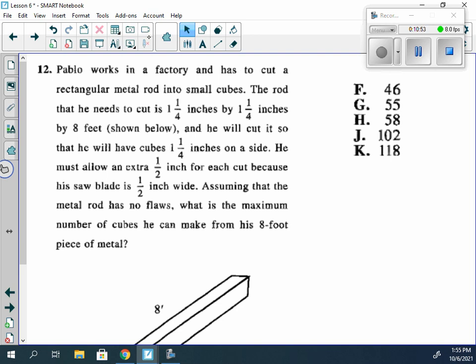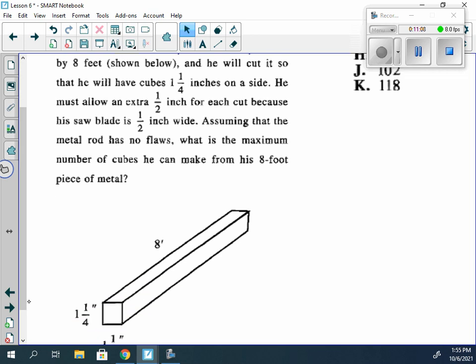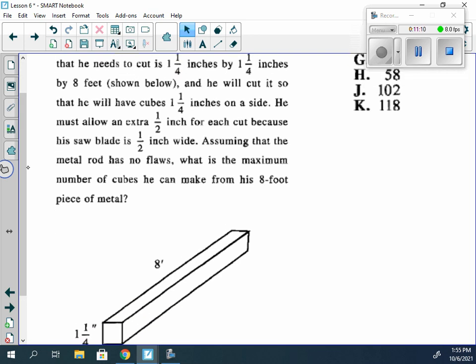Pablo works in a factory and has to cut a rectangular metal rod into small cubes. So we're cutting it apart. The rod that he needs to cut is 1/4 by 1/4 by 8 feet. They provided a picture. And he will cut it so that it will be cubes of 1 1/4 inches on each side. So that means it's 1 1/4 inch by 1 1/4 inch.